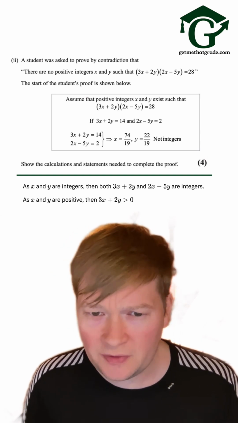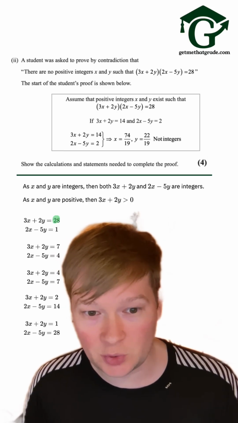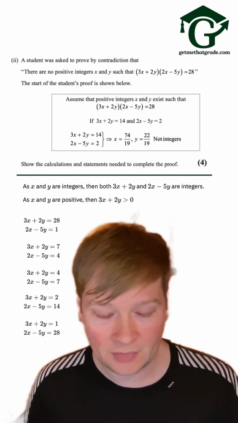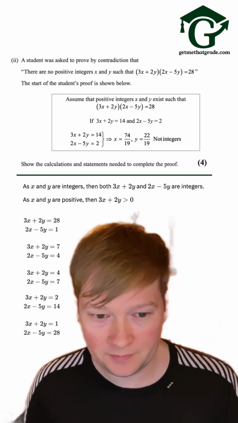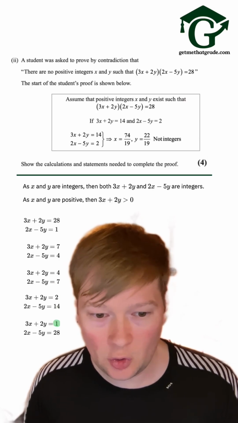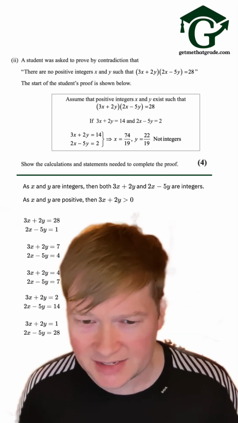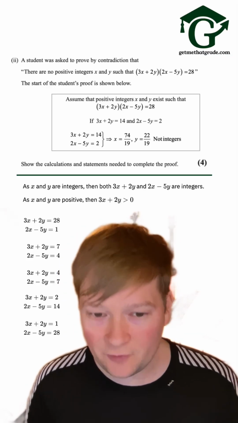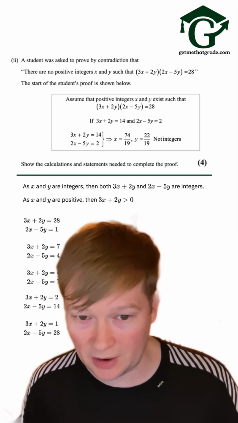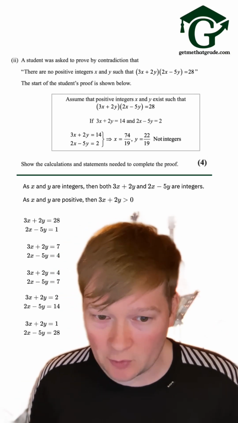So what could we have? Well, 28 we can get from multiplying 28 by 1, 7 by 4, 4 by 7, 2 by 14, or 1 by 28. So there we go, we've got 5 other cases there. And in every case, if you solve these using your calculator, which you're allowed to do, you can just write down the answers, you can see that we have a problem.